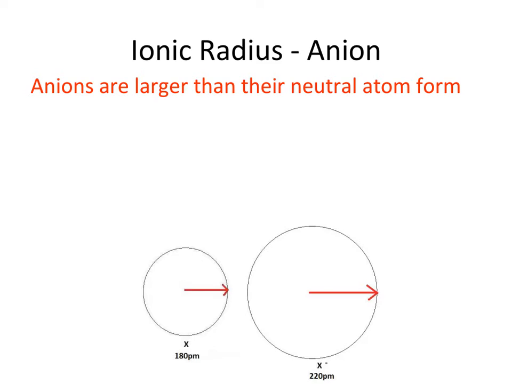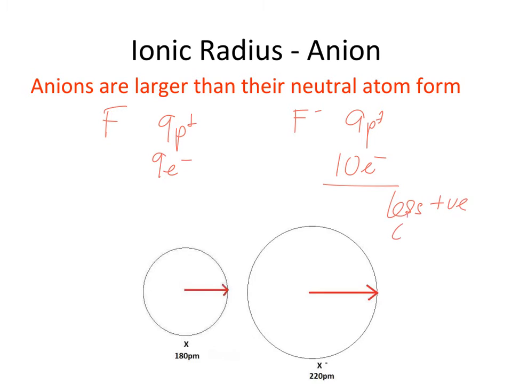So if we look at, for example, fluorine, okay, fluorine has 9 protons and 9 electrons in a neutral atom. When fluorine gains an electron to become fluoride, it still has 9 protons, but now it has 10 electrons. So what we can see is that there's less positive charge per electron. And because there's less positive charge, there's less attraction, so the electrons are not as tightly held by the nucleus, and they tend to move out a bit.